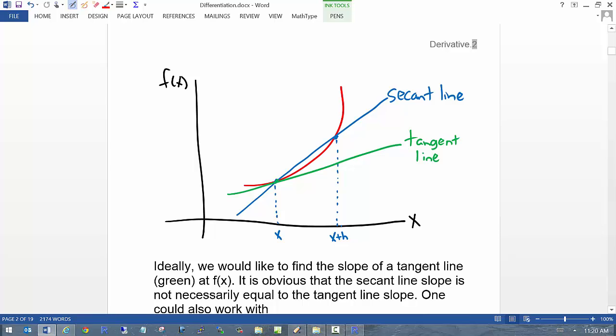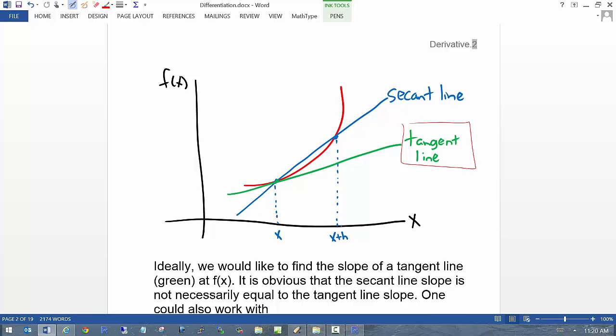In this diagram, we would like to estimate the derivative of the red line when it's evaluated at the point x. That means you are trying to find the slope of the tangent line where it intersects the red line at x.